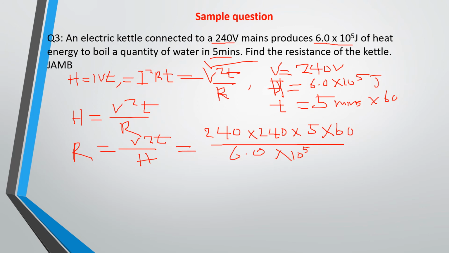So you have that R is equals to, when you punch everything out from your calculator, 28.8 ohm. This is what you are going to have, 28.8 ohm, by the time you punch this in your calculator.